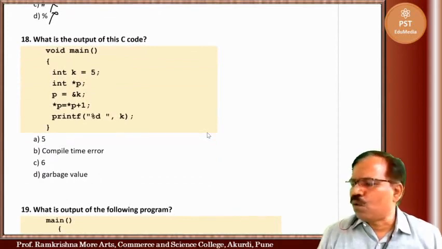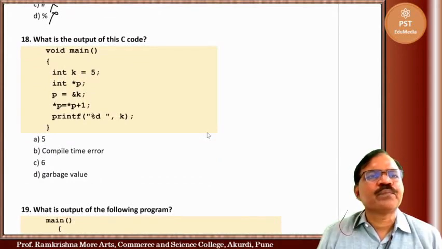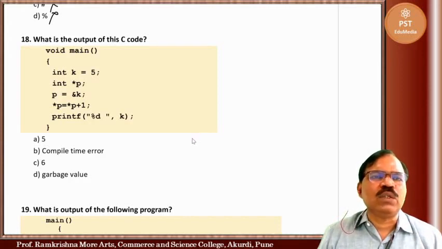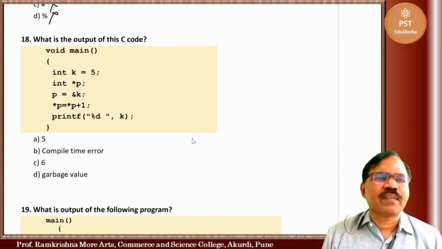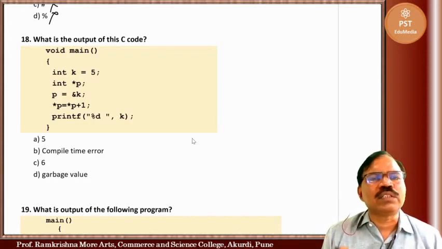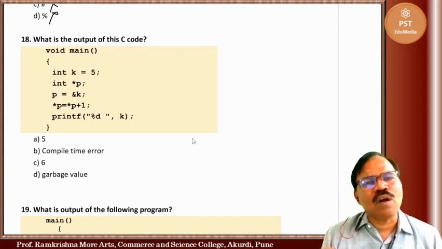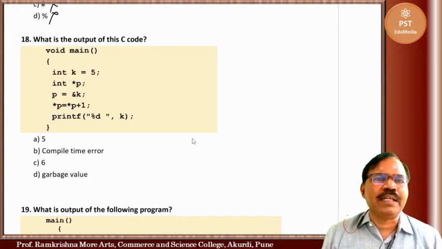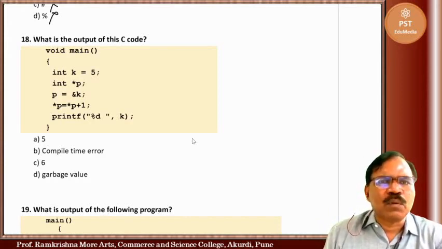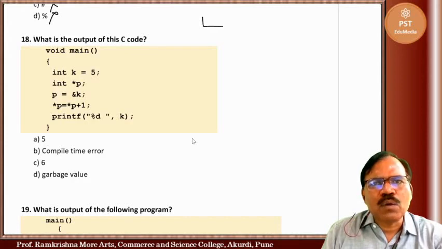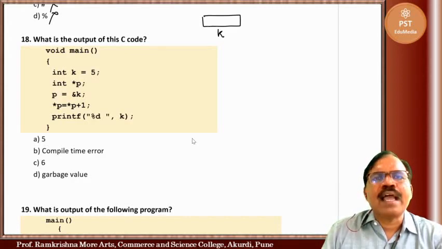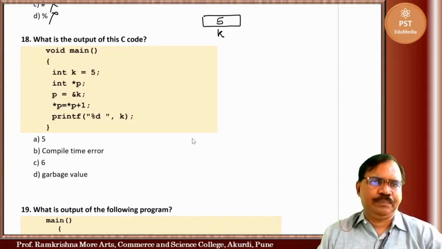Now what is the output of this C code? void main, int k is equal to 5, int *p, p is equal to &k, *p is equal to *p plus 1, printf "%d", k. If we run this program, one memory location is reserved by the name k and 5 is stored there.